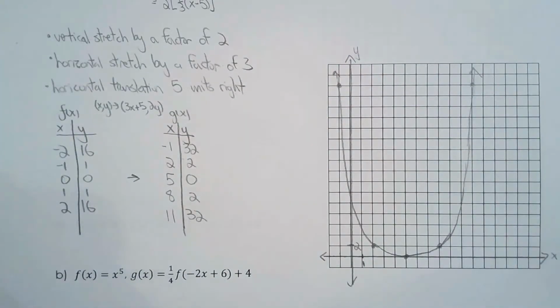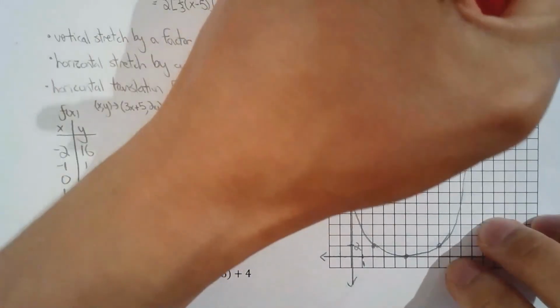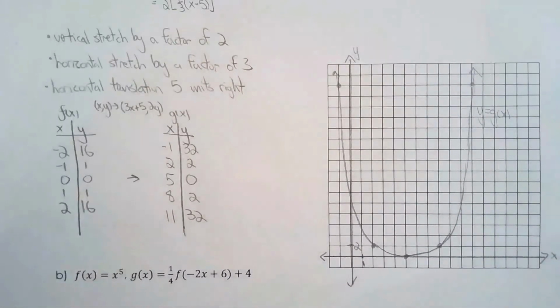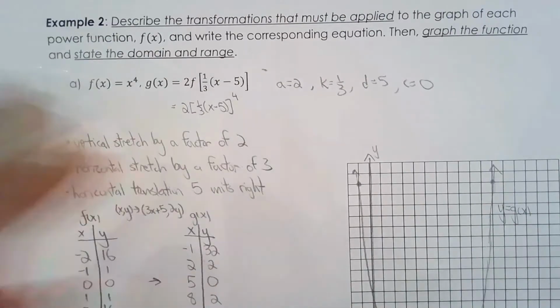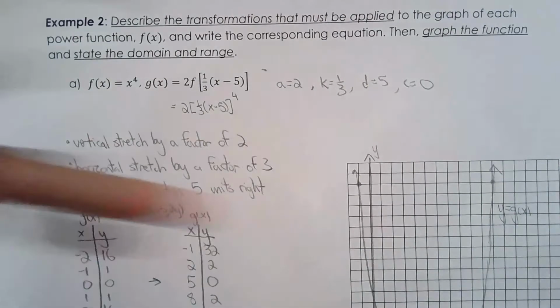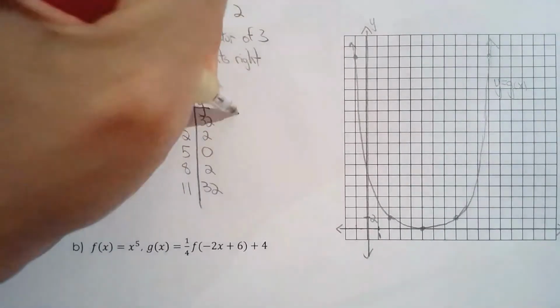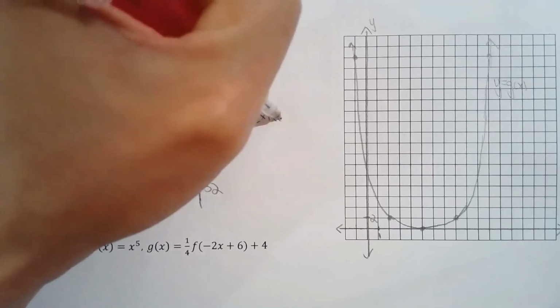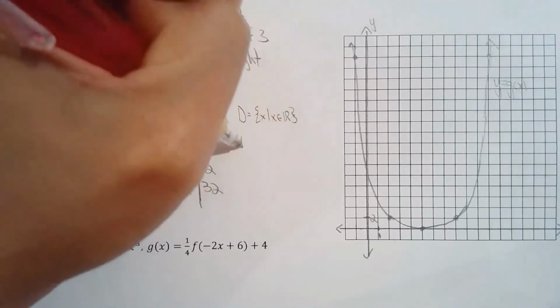So they want me to state the domain of the transform function. I wasn't very clear, but I definitely want the domain of g of x. I don't really care about the domain of f of x, because I expect you to know how to state domain and range of power functions. That's pretty straightforward. Domain, easy peasy, always all real numbers.